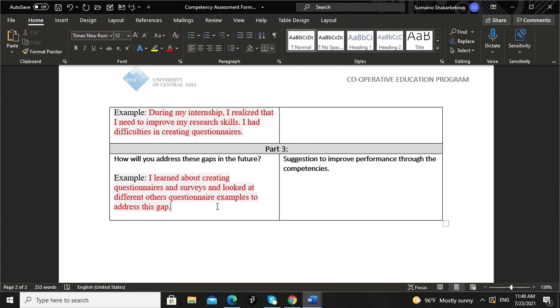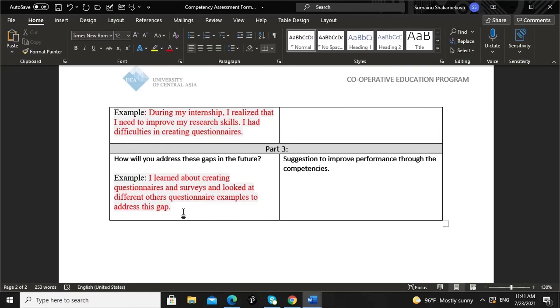For example, I have written here, I learned about creating questionnaires and surveys and looked at other questionnaire examples to address this gap. So what I'm recommending is that, in my difficulties with creating questionnaires, I looked at previously created questionnaires.